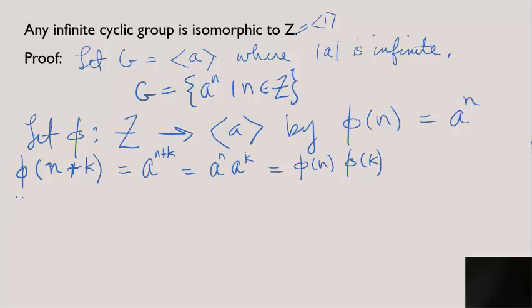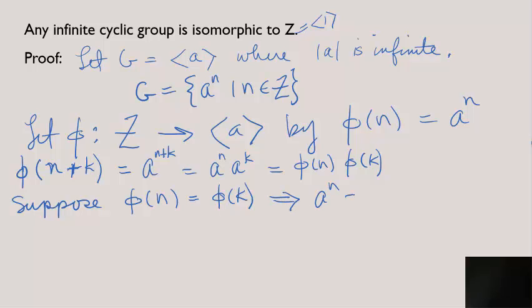To show phi is one-to-one, we suppose that phi of n is equal to phi of k for some n and k in the integers. Well, this would imply that A to the n is equal to A to the k.